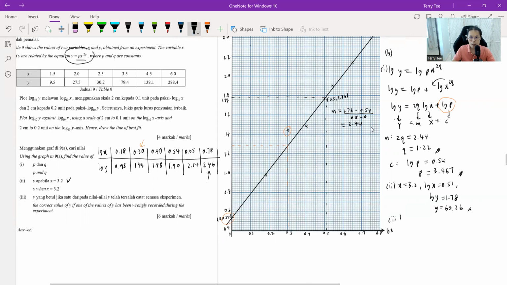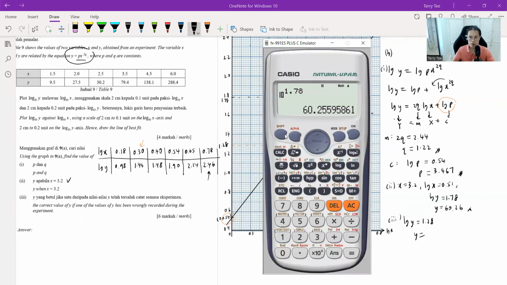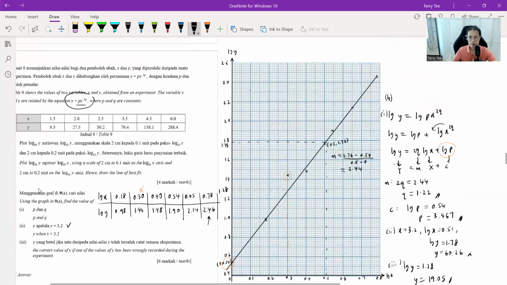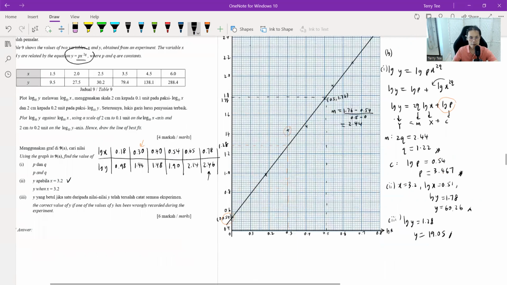It looks like 1.28, not 1.3. So LG Y is 1.28. Your Y will be, calculator, shift log 1.28. I got 19.05. Yeah, your Y value is 19.05. There you go. That's your answer.